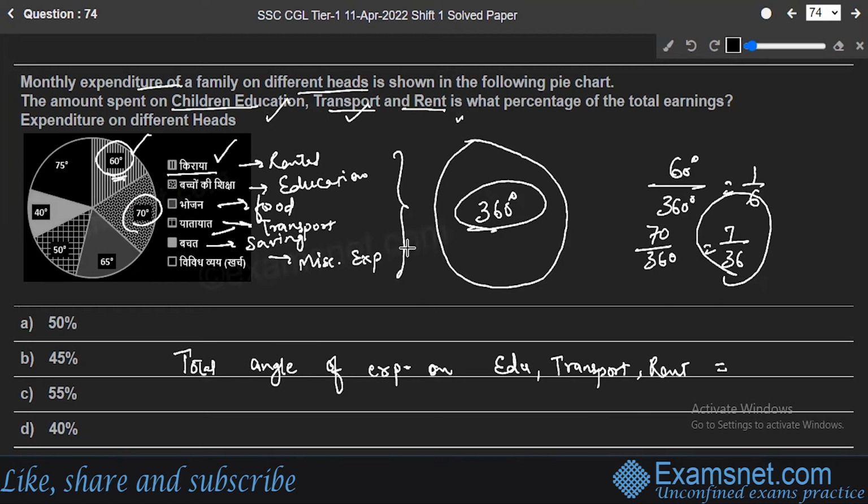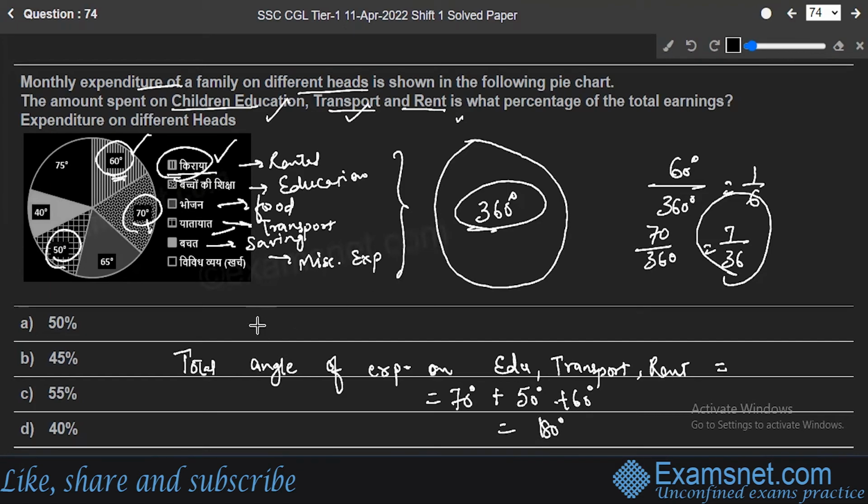This is equal to, see, on education, it was spending 70 degrees. And on transport, it was spending 50 degrees. And on rent, it is spending 60 degrees. This becomes a whole of 180 degrees, right?